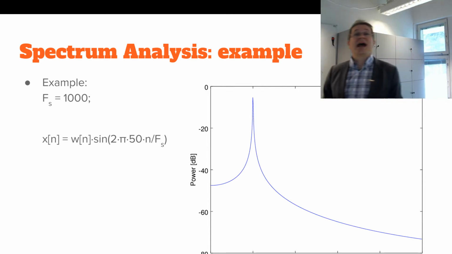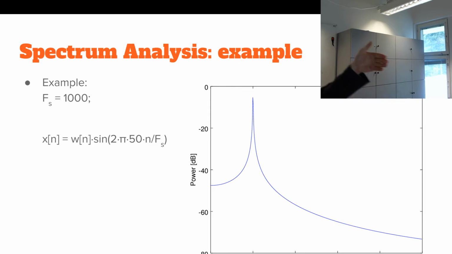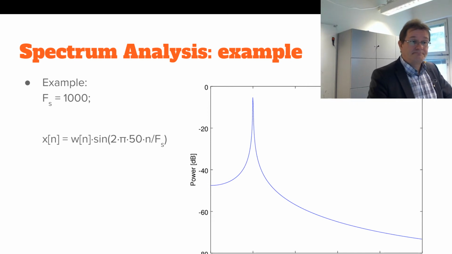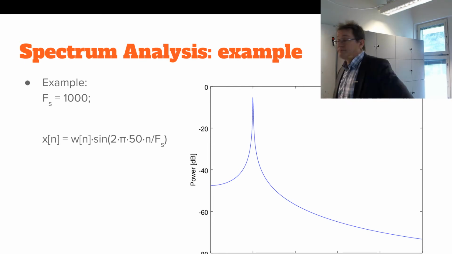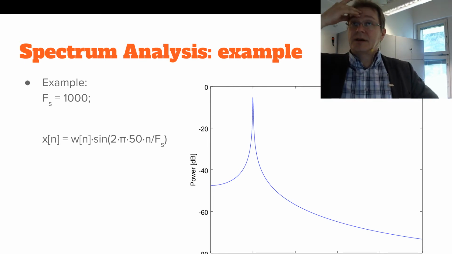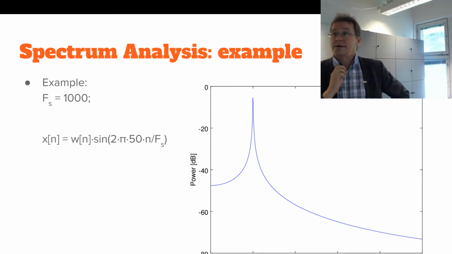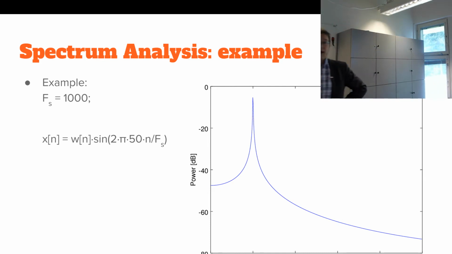Well, we have a discrete amount of data, it's our sampling window, and mathematically we have to take that into account. So that shows the 50 Hertz has a peak, and it's exactly at 50 Hertz just by accident.